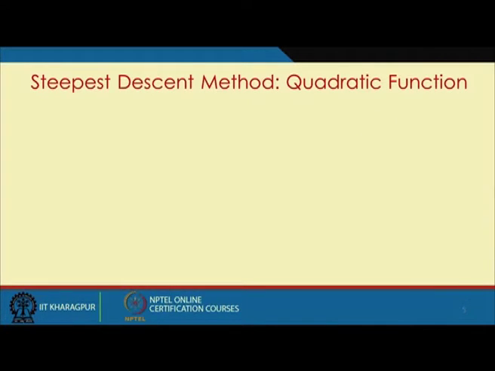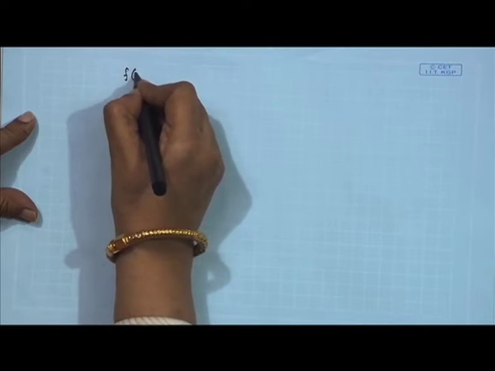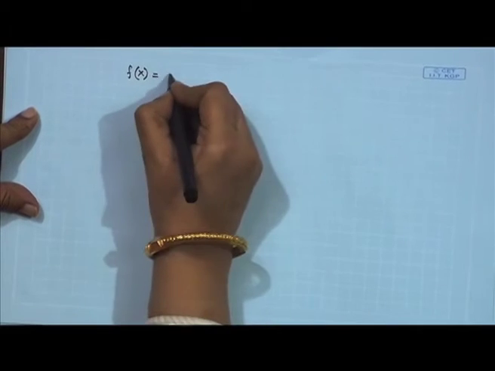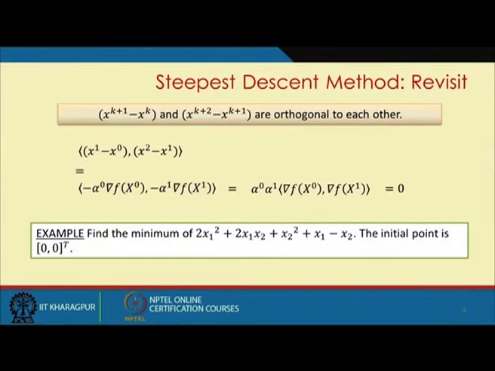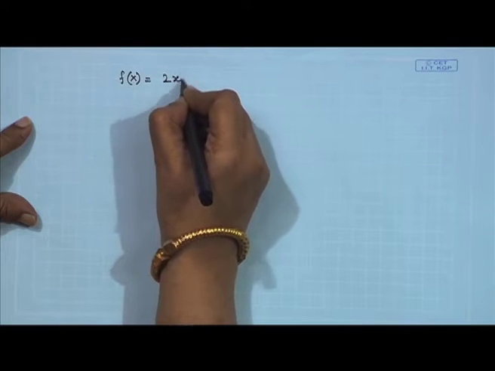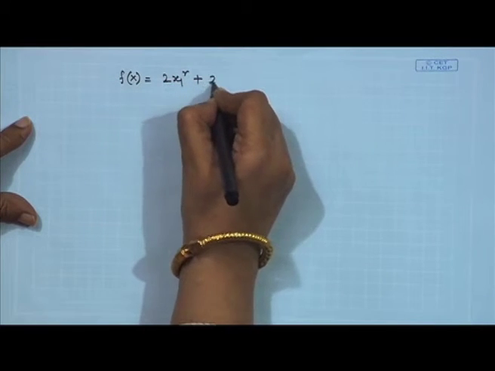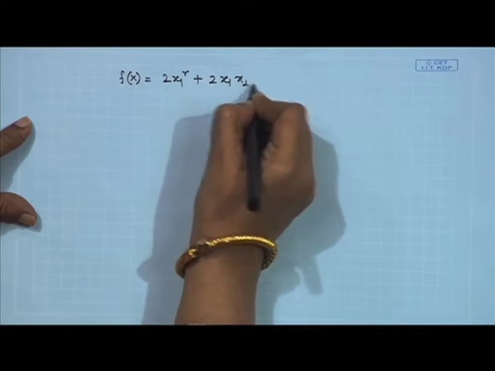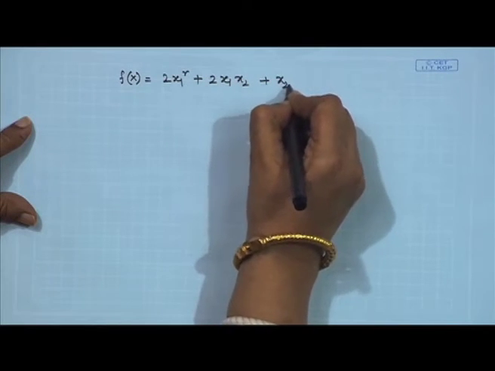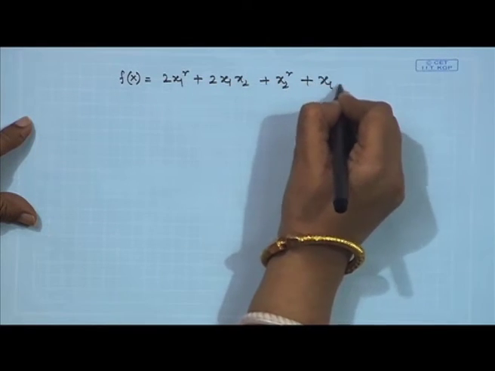Any quadratic function I can name like this: f(x) is equal to, as I showed you before, 2x1 square plus 2 x1 x2 plus x2 square plus x1 minus x2.